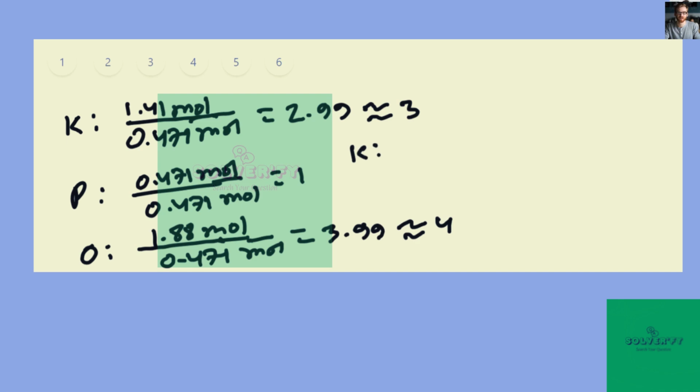So the ratio of potassium, phosphorus, and oxygen here is 3 to 1 to 4. So the empirical formula for this compound will be K3PO4. So this is the empirical formula for this compound.